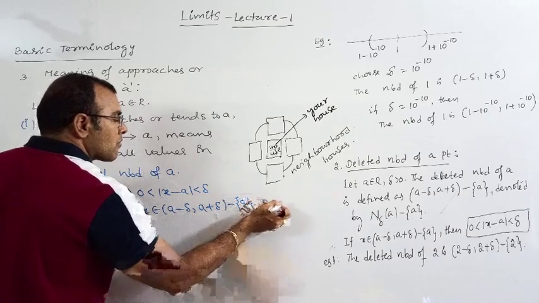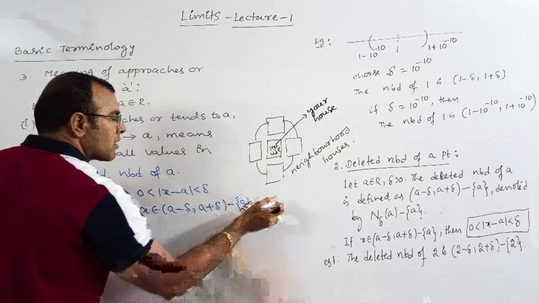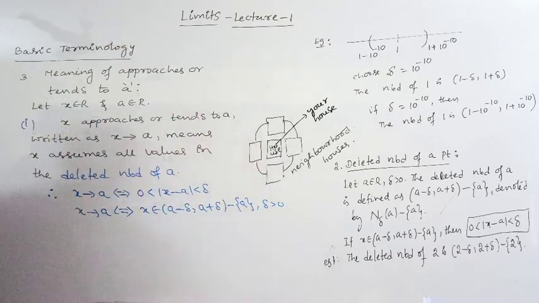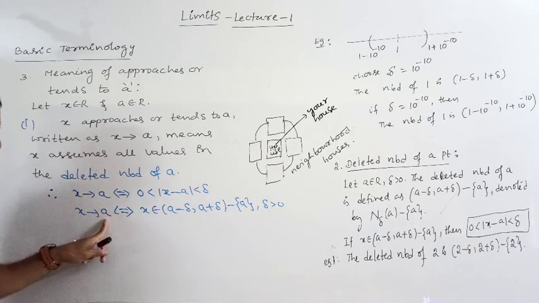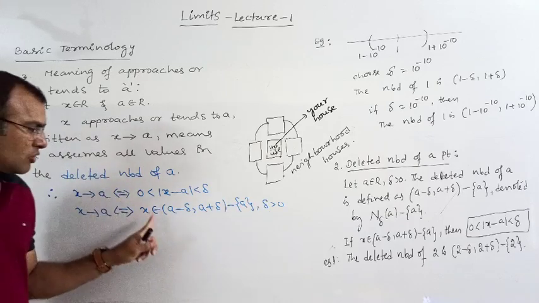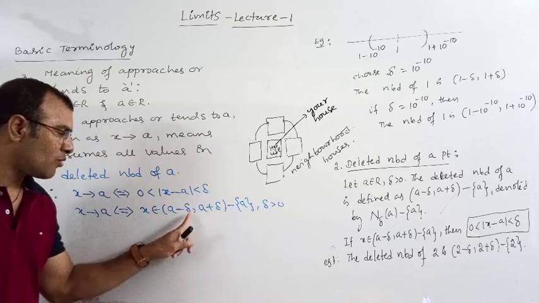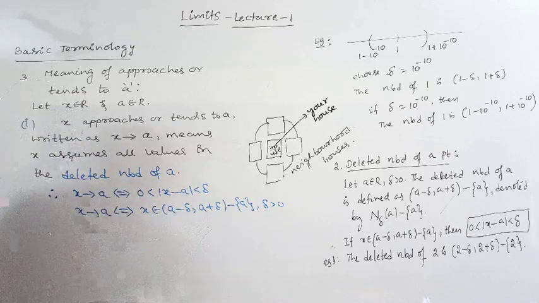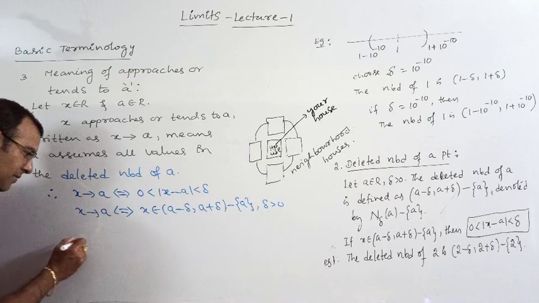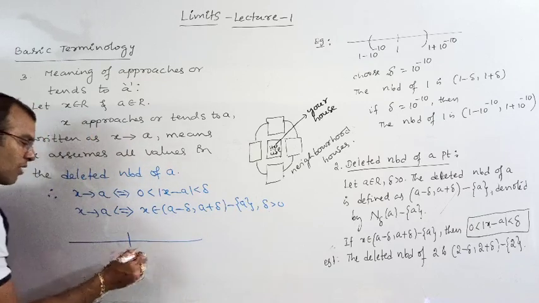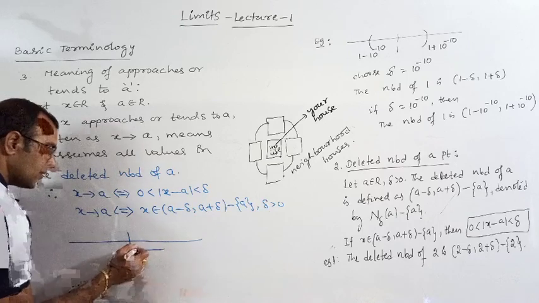Delta is a very small quantity. I need not tell it again and again. That is already told in the beginning. Right? So, if X approaches A means if X assumes all values in the deleted neighborhood of A, which means that you see this is the point A. Now X is approaching.